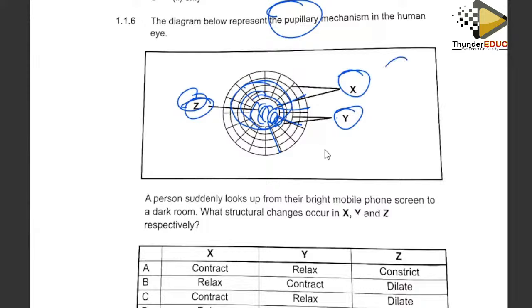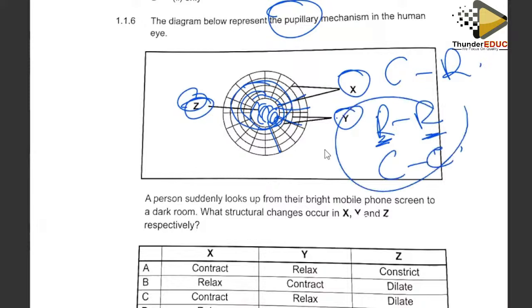Remember, we have the circular muscles and the radial muscles. If you have R with the R, the radial muscles relaxing, and then with the C, this is bright light. If you have R with the C, C with the R, it is dim light. That's when you mix things up.